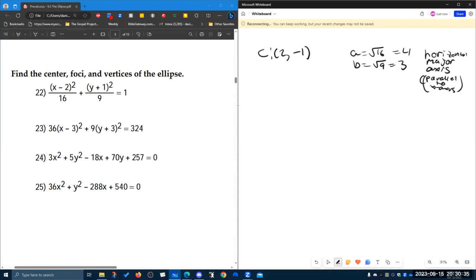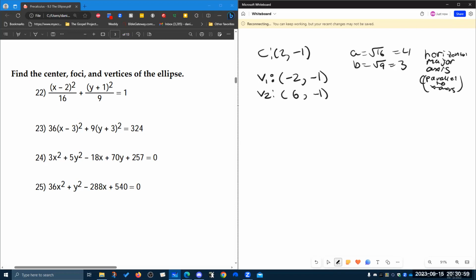We're going to go 4 to the right to get to a vertex, and 4 to the left to get to a vertex. So I have a vertex at (-2, -1), and I have another vertex at (6, -1).